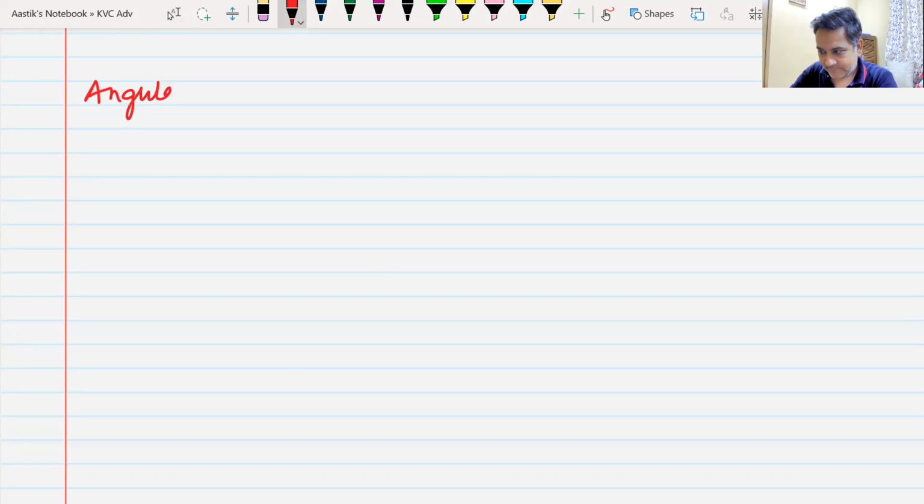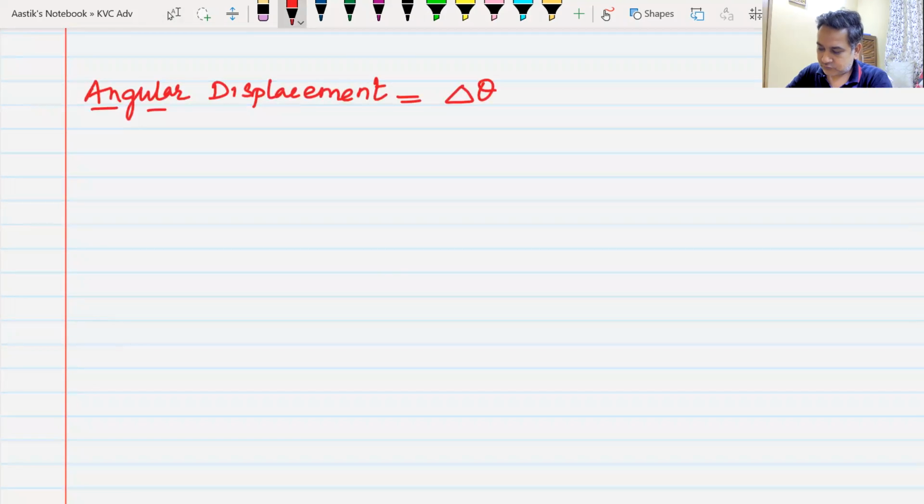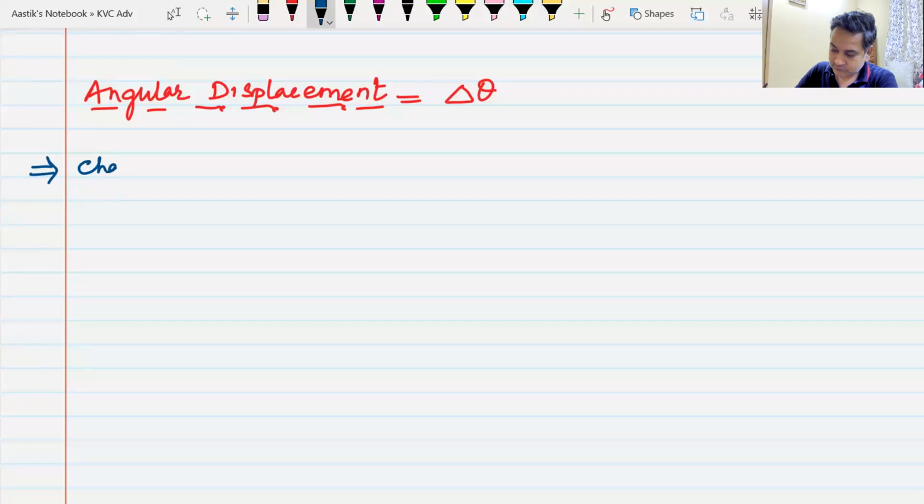Angular displacement. Displacement, not position. Angular displacement, delta theta. What will be angular displacement? Change in position of particle.